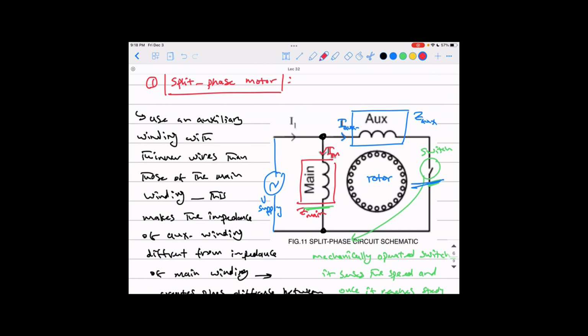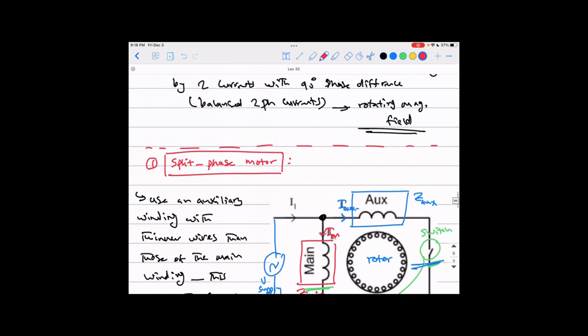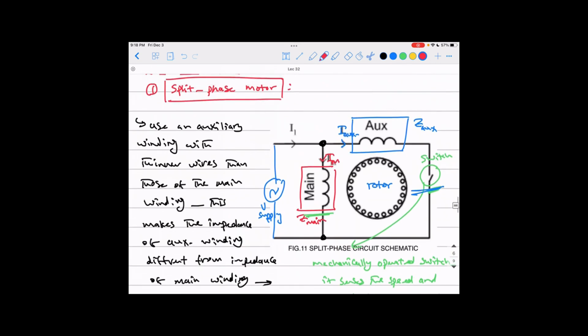So if your application is like that, it does not require that much of a torque to start with. So this method will be good and cheap enough to go with. But if it requires higher starting torque than this, this method will not work, and we need to go with a better method, which has higher starting torque, and this is what we'll be talking about in the next lecture.